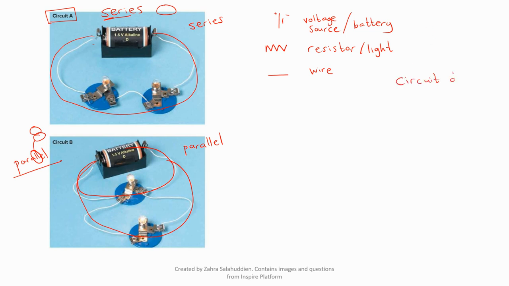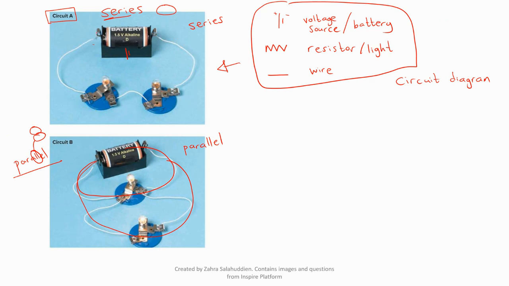So a circuit diagram is when I use these symbols over here and draw using them. Everywhere I see a battery, I'm now going to put a long line and a short line. Wherever I see a wire, I will put straight lines.